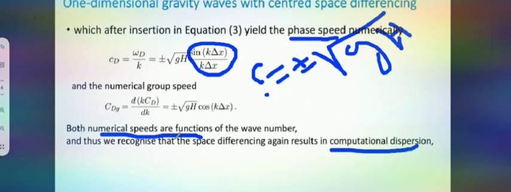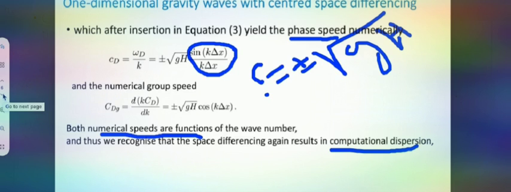So both numerical speeds are functions of wave number. This space differencing gives you computational dispersion. Computational dispersion has a broad meaning in CFD. So take it that computational dispersion is present in any computation.